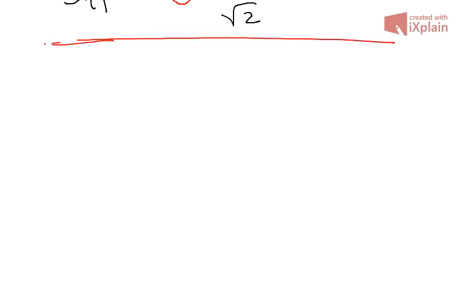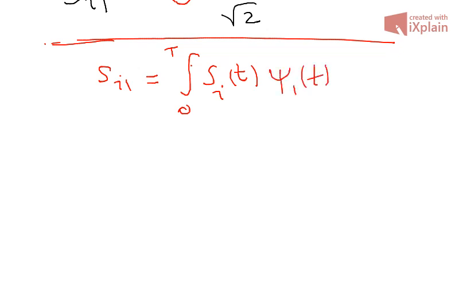And 3.23 says that your SI1 is actually the image of the QPSK signal over, so it is equal to this dot product. So dot product of the QPSK signal and the first orthonormal basis function.